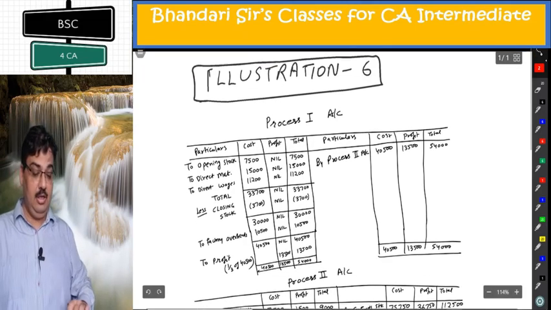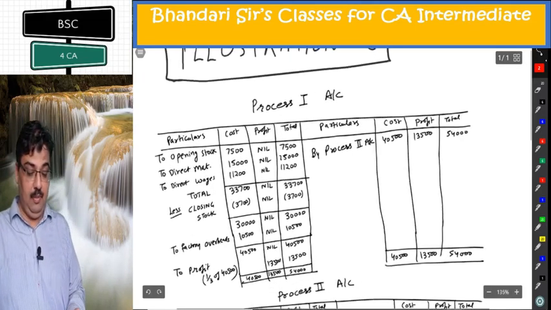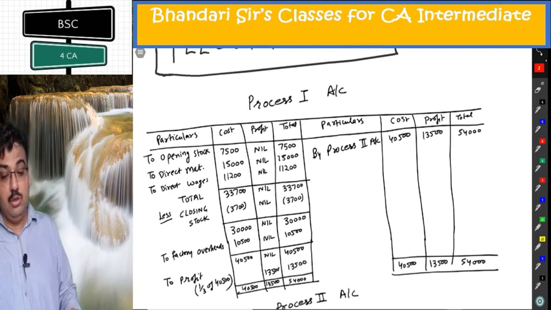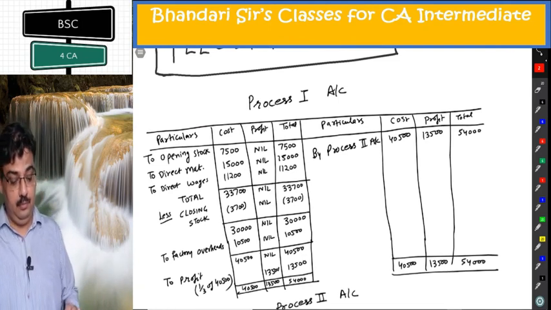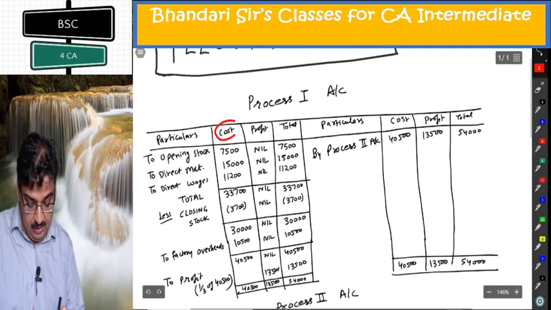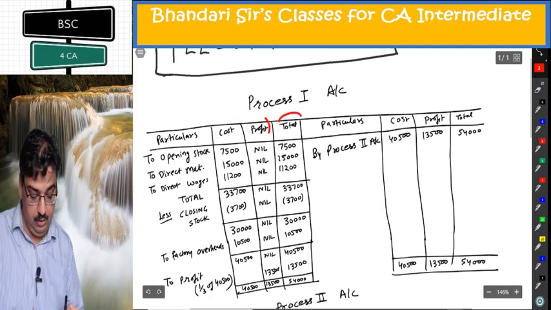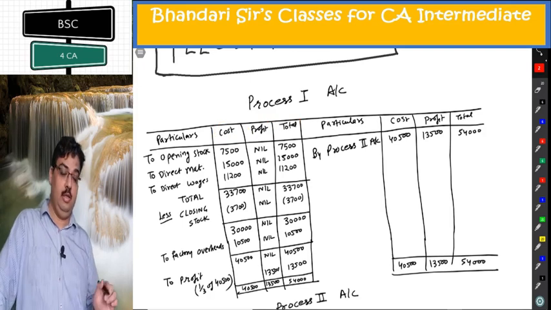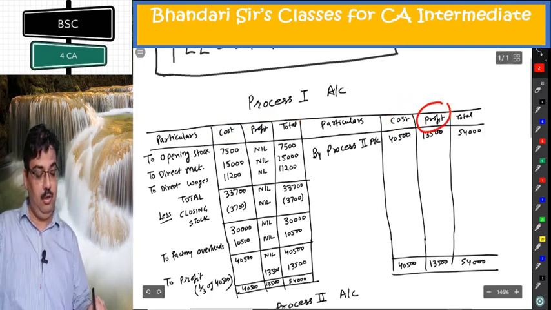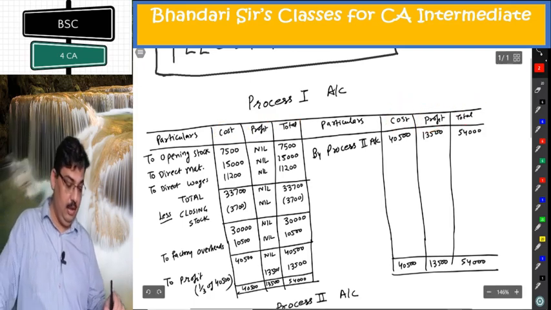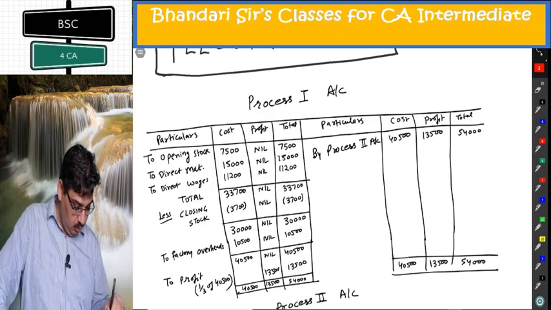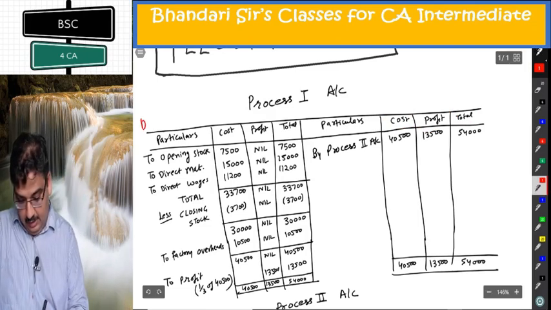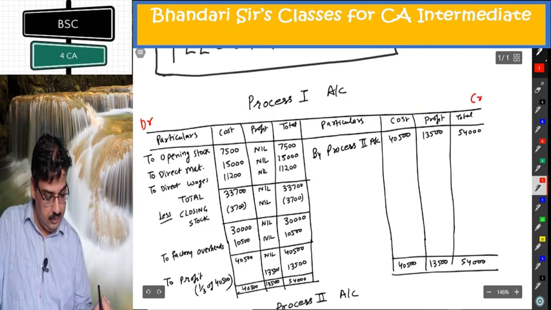That indicates it is an inter-process profit question. So looking at process 1, I make in the same way cost, profit, total. No units column here, no losses, no gains. It is simple cost, profit, total, on the debit side and credit side also.